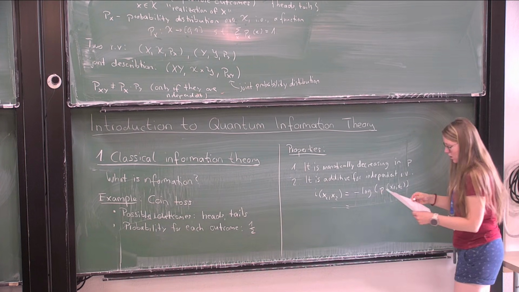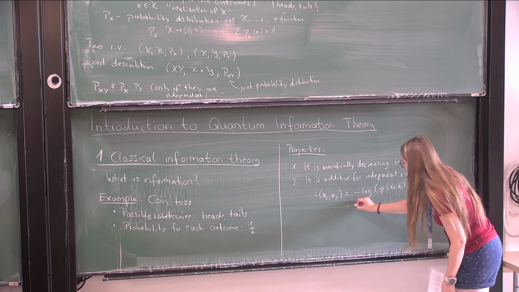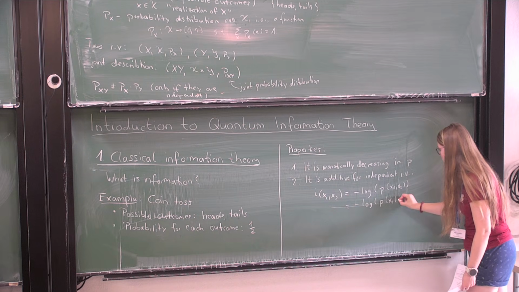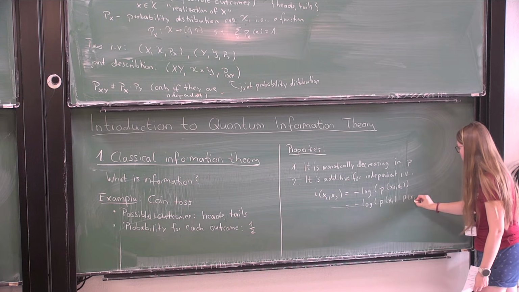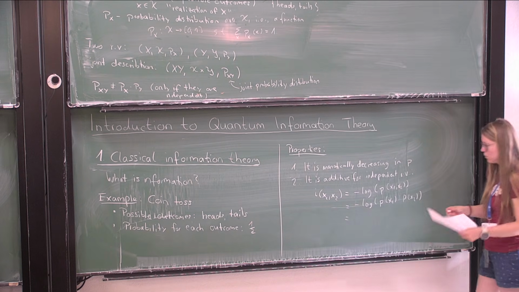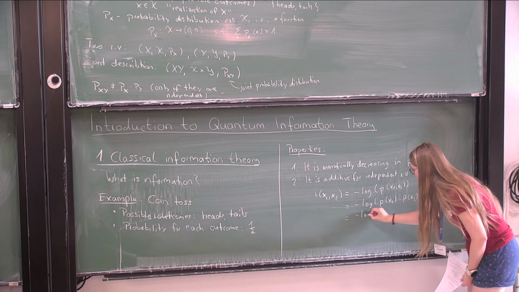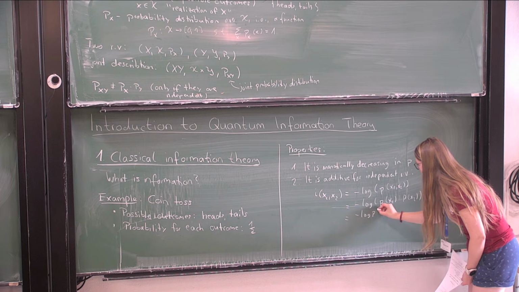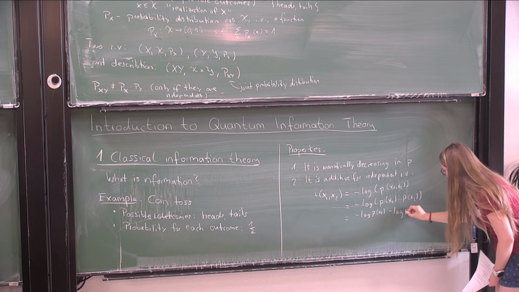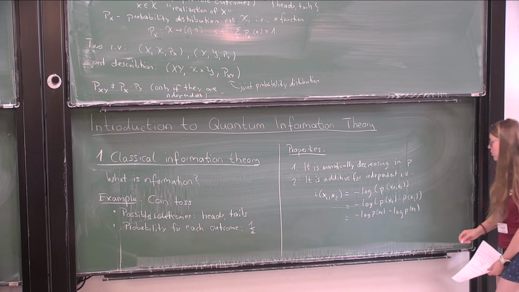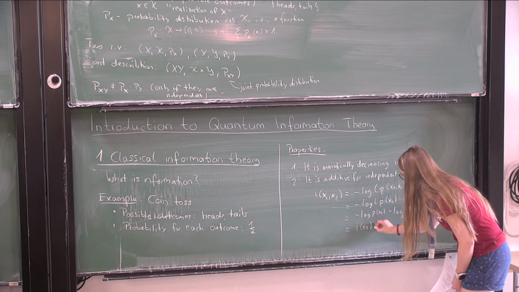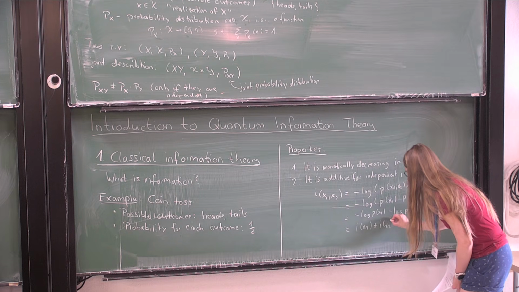Because they are independent, this probability distribution factorizes, so p of x1 times p of x2. And then I just get the sum of two logarithms. So the information content of x1 plus the information content of x2.